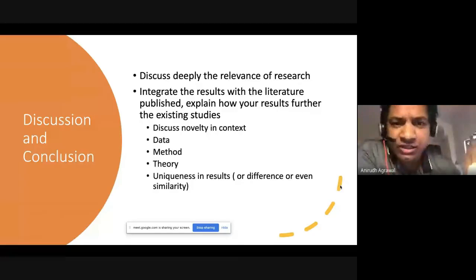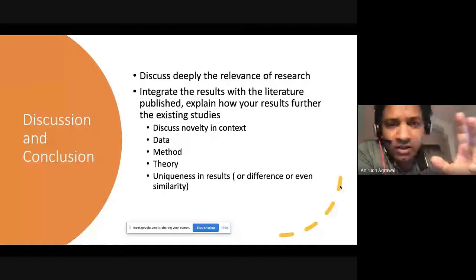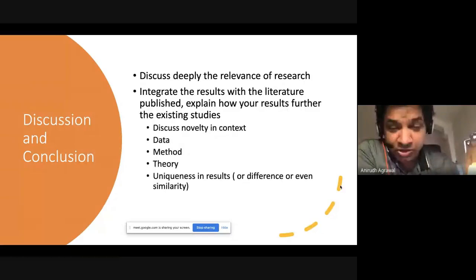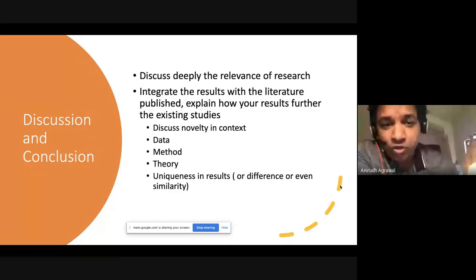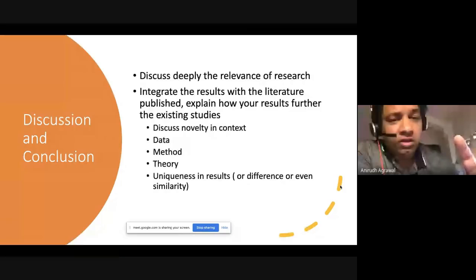So you can discuss the method in the discussion section. You can go deeper into the method section. Theory. Now, theory of plant behavior, someone said. I do not know what is theory of plant behavior, but if you know what has been published already in the theory of plant behavior and what new insights you bring from your research, you can discuss that in detail in your discussion section.